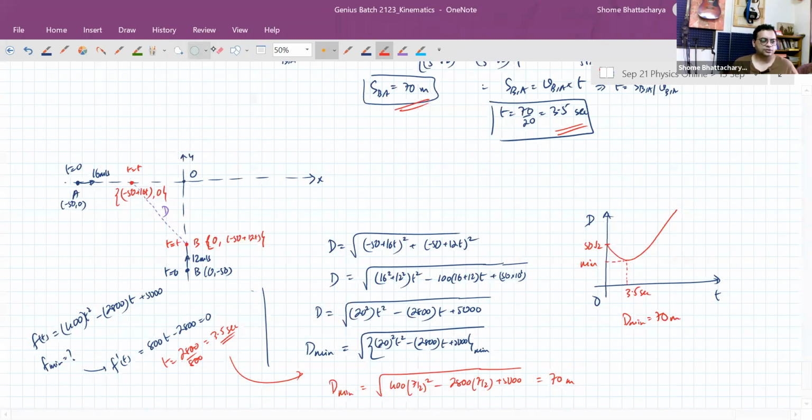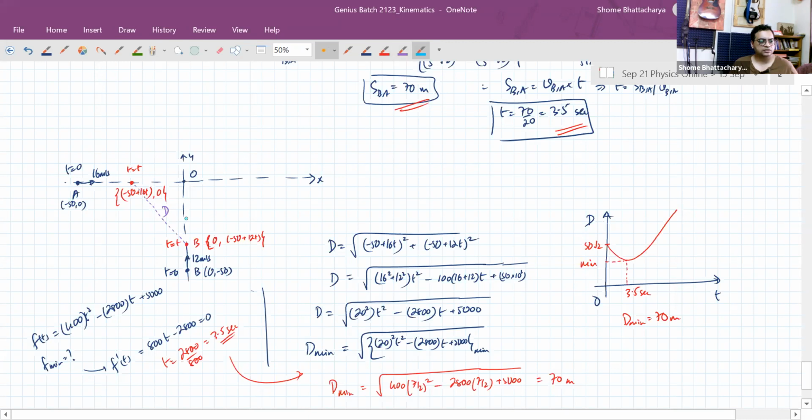So from this value of time, you can also understand that this minimum distance is going to actually occur at some time when A has gone past and B is somewhere here. No, not now. Okay. Sorry, because the time is now 3.5. So for example, 12 into 3.5 is how much? 36 plus 6, 42. So B hasn't reached here yet. So the minimum case will be somewhere here.